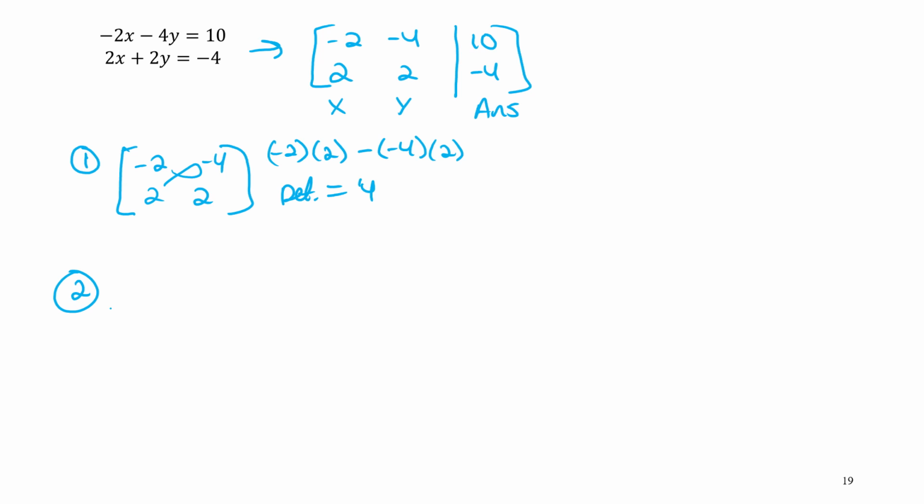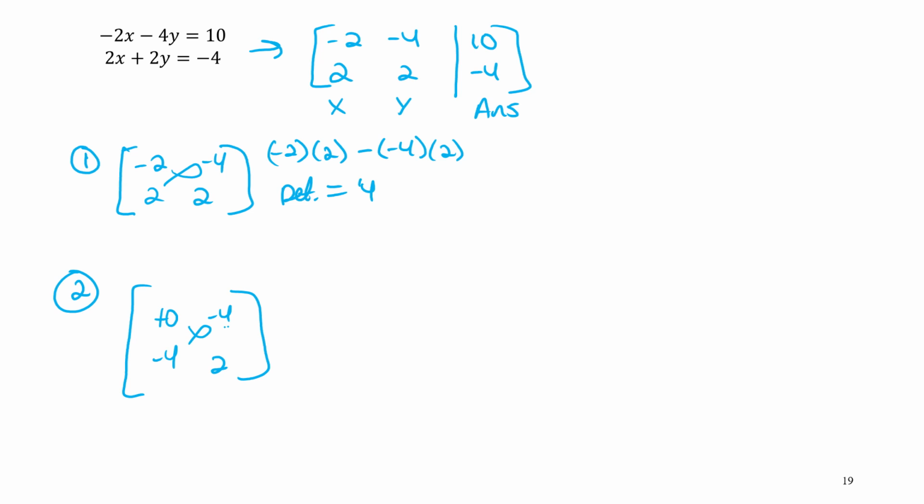So to find x, like we said before, we're going to replace the x column with the answer column. So we would have our answer column 10 and -4, and we would keep the y column, so -4 and 2.